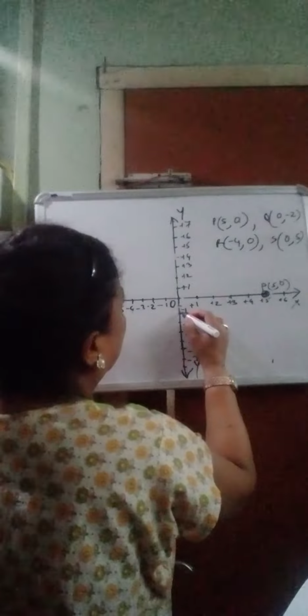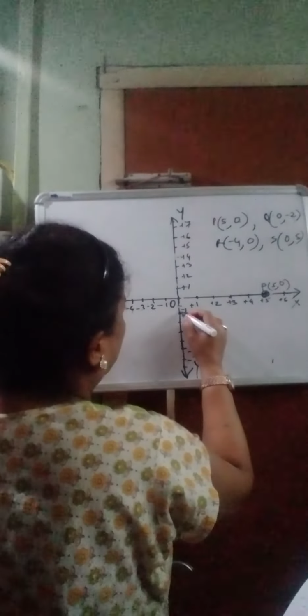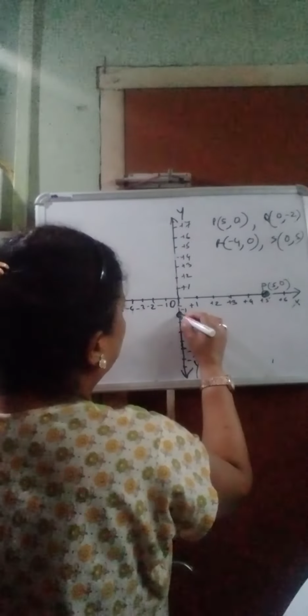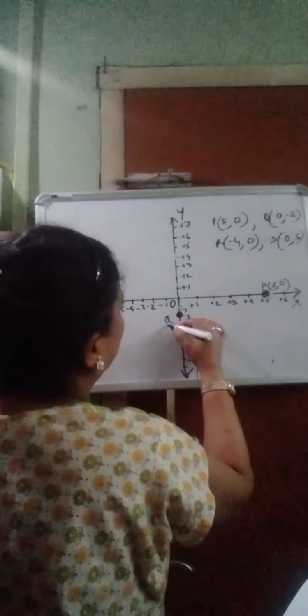Count 1, 2. Because x is 0, there is no role of x. This is the point Q (0, -2).